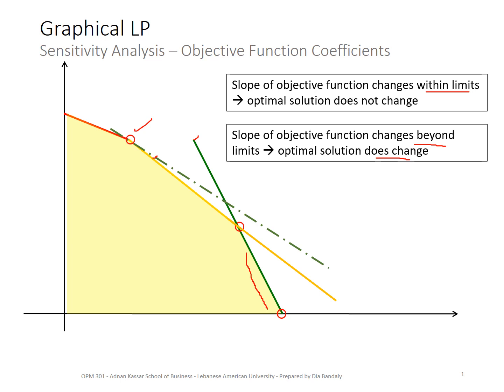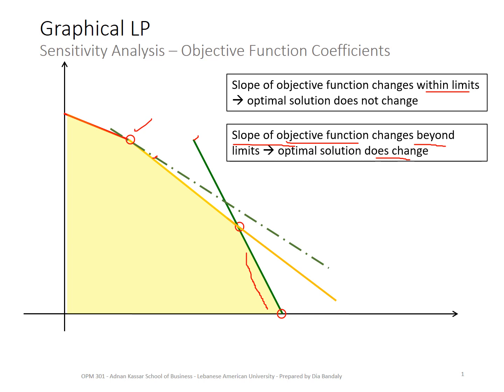However, these conclusions are limited to the graphical method, and unfortunately the graphical method can be used only when I have two decision variables, which is often not the case in real life. So let me use these observations but in more general terms. Instead of the slope of the objective function changing, how can I replace that?